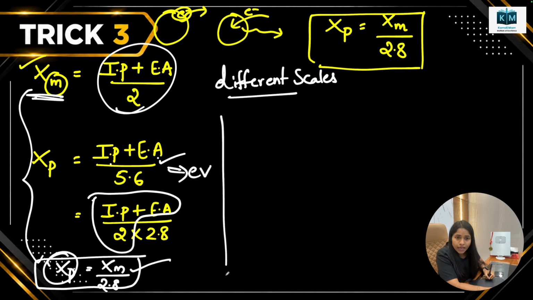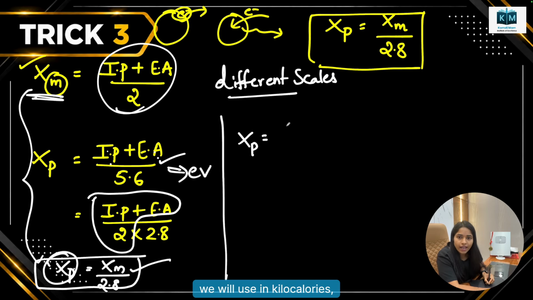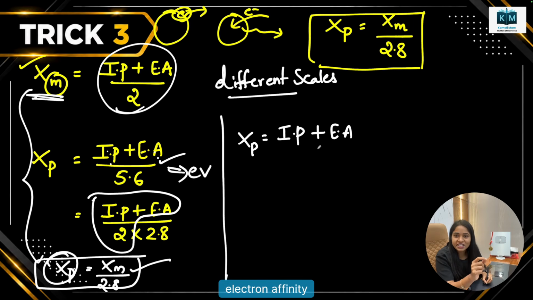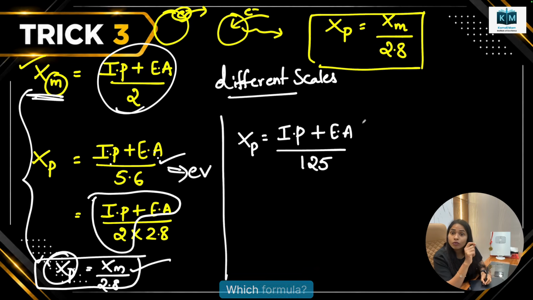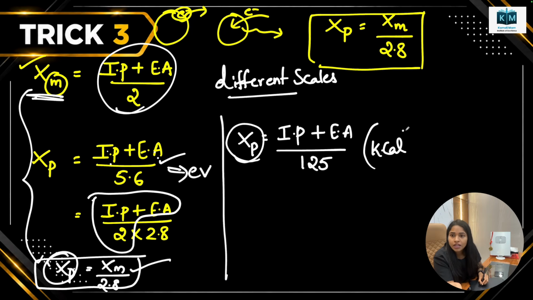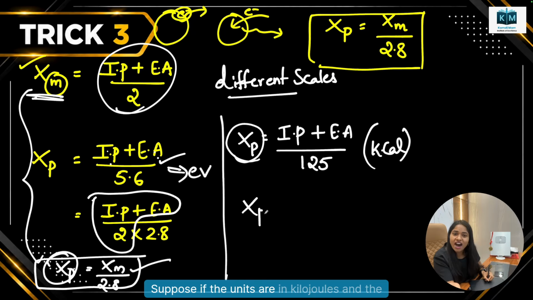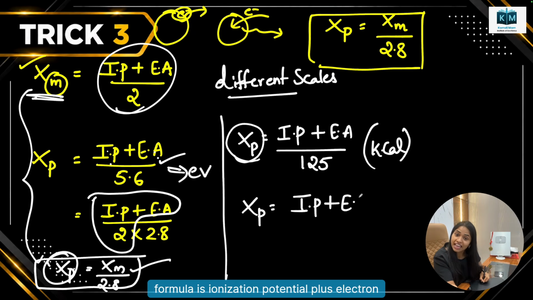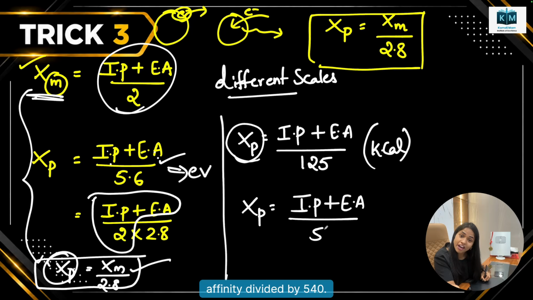If the two values are in kilocalories, then the formula is ionization potential plus electron affinity divided by 125. If the units are in kilojoules per mole, then the formula is ionization potential plus electron affinity divided by 540.